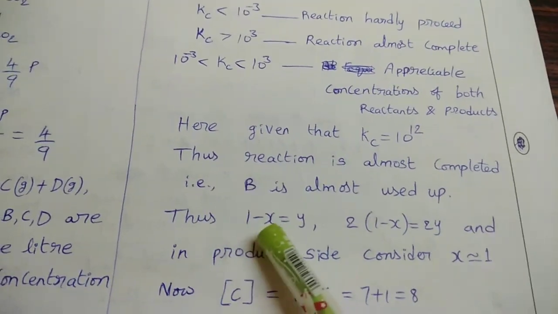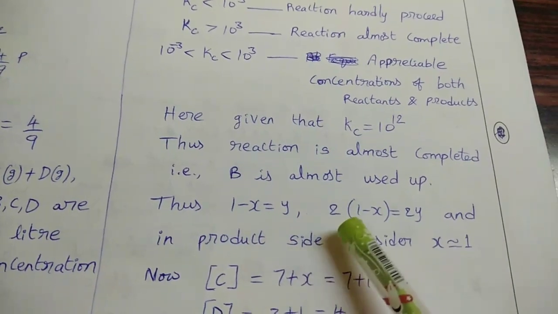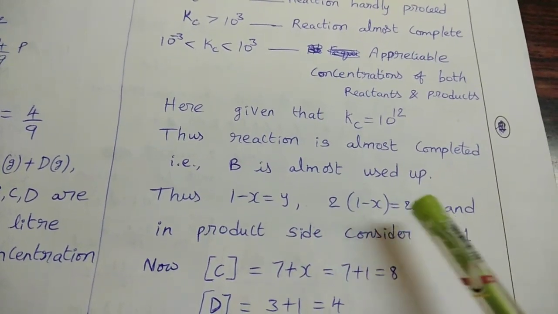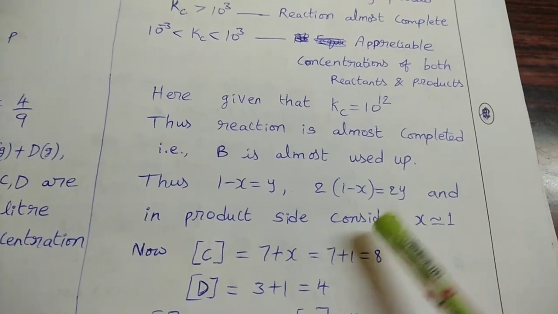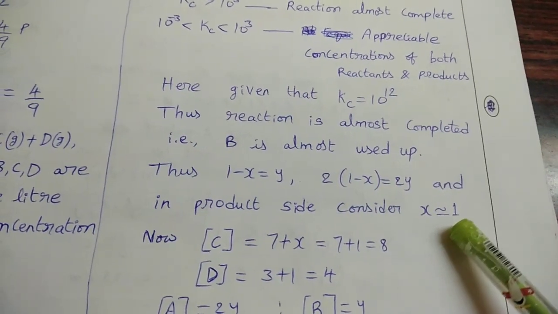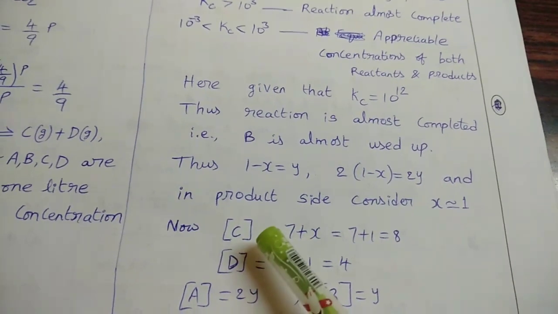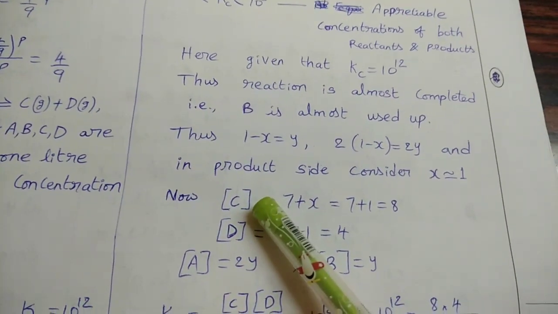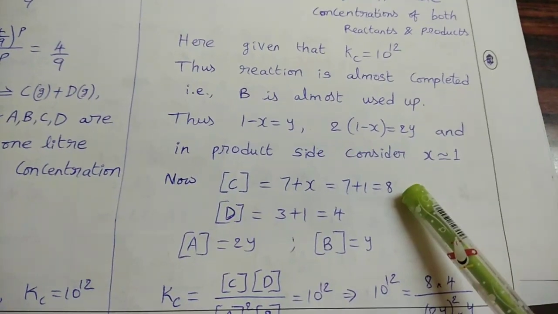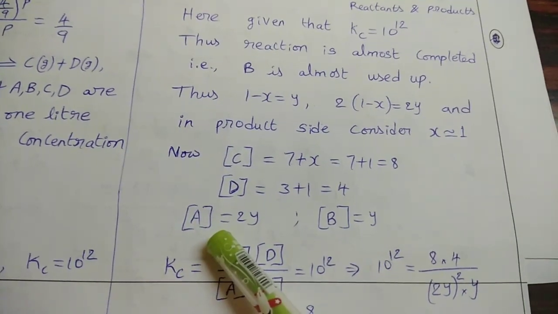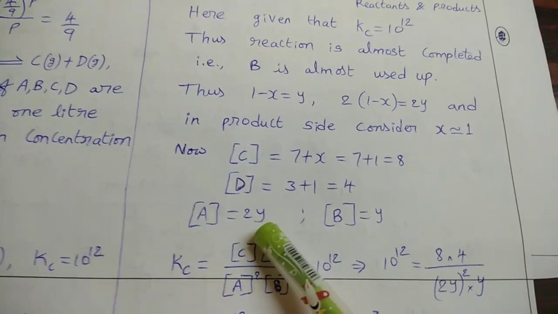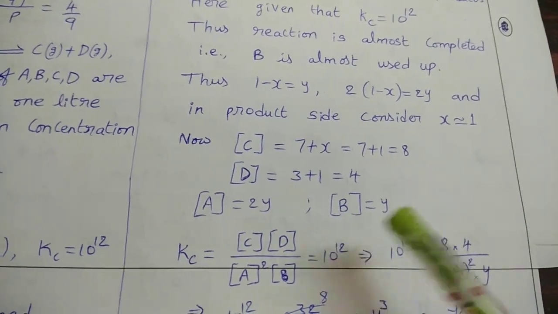So we can consider 1 minus X equal to Y. Then 2 into (1 minus X) equals 2Y. And on the product side, consider X almost nearly equal to 1. Then the concentration of C becomes 8, D becomes 4, and the concentrations of the reactants A becomes 2Y and B becomes Y.